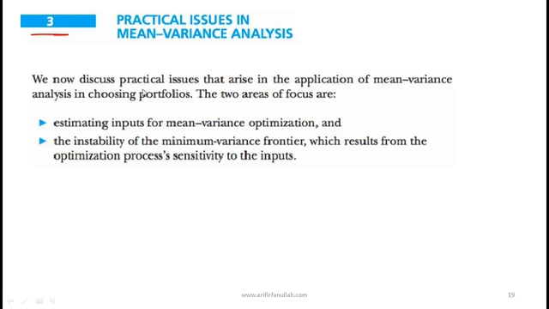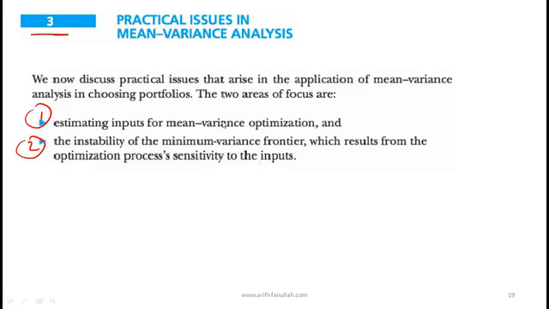We now discuss the practical issues that arise in the application of mean variance analysis in choosing portfolios. The two areas of focus are, number one, estimating inputs for mean variance optimization, and two, the instability of the mean variance frontier, which results from the optimization process's sensitivity to inputs.